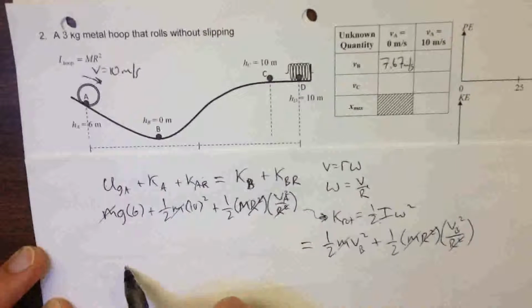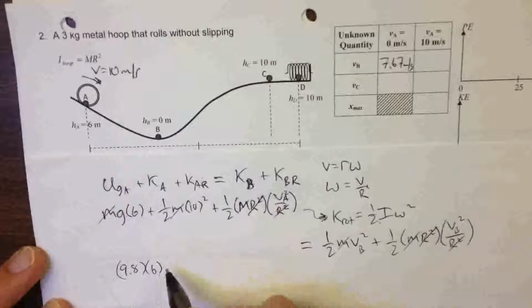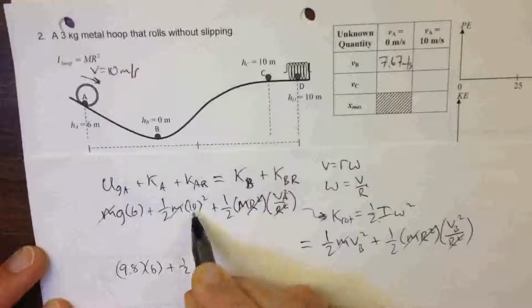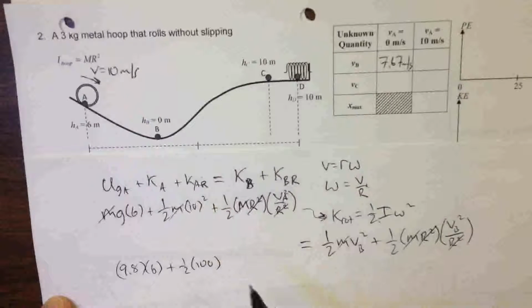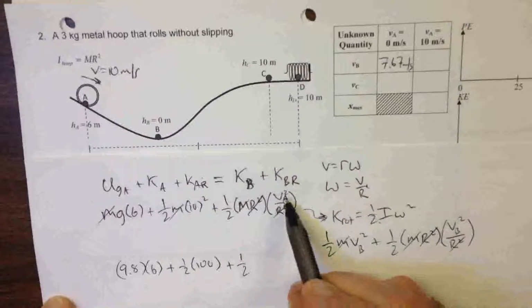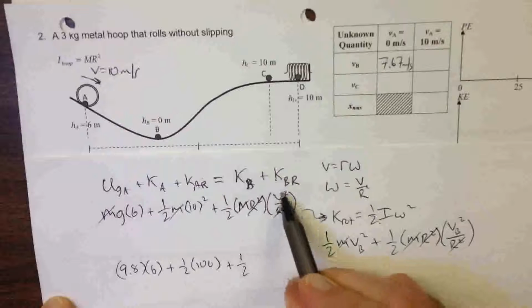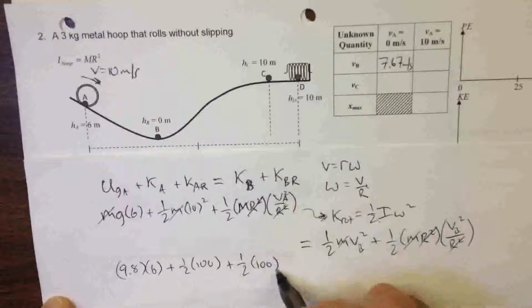And so we'll have a G is 9.8 times 6 plus 1/2 of 10 squared, that's the initial velocity, is 100. And we're left with 1/2 of, again, velocity at A, that's also 10. So that'll also be 100.